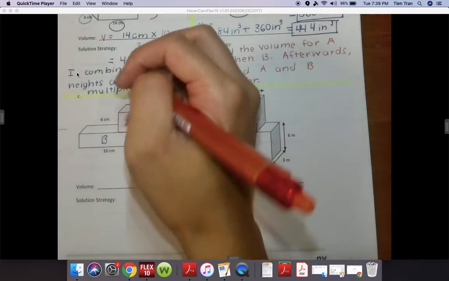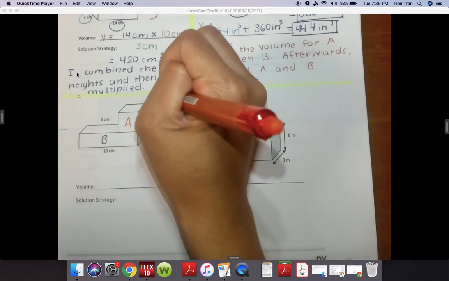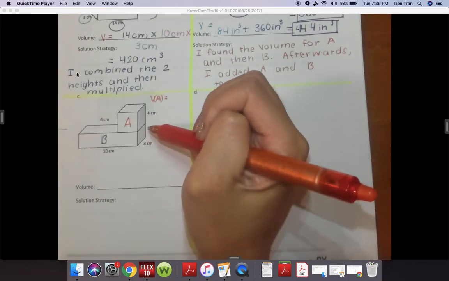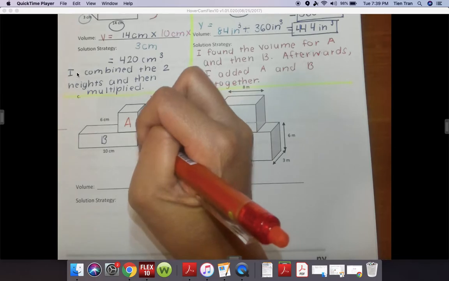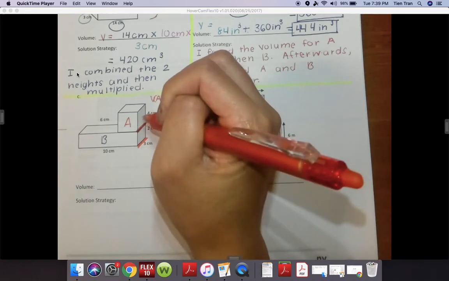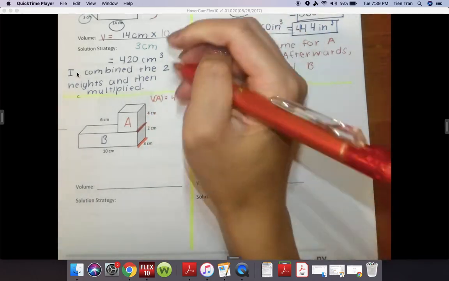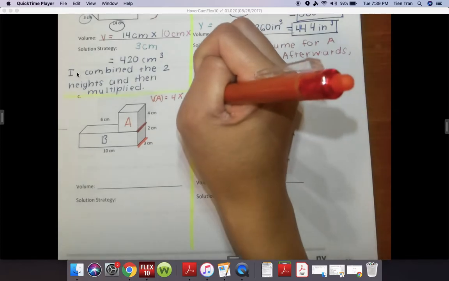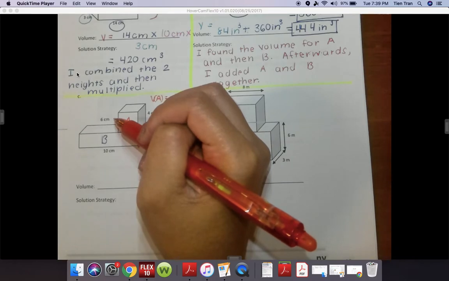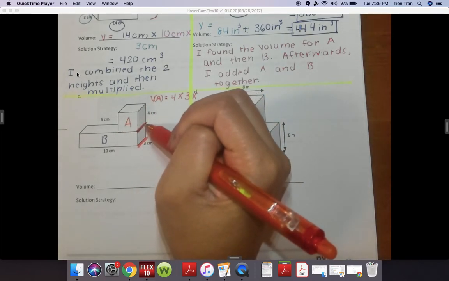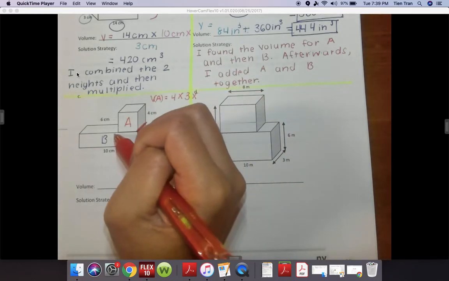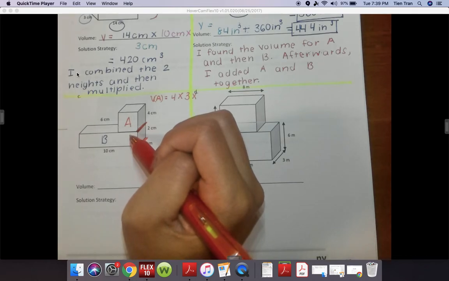So for volume A, I am going to be multiplying 4 and 3, because this one right here is the same. They are equivalent to each other, so this is 3 centimeters. So multiplying 4 centimeters times 3 centimeters times, we have height, we have width, now we need to find how long A is right here.